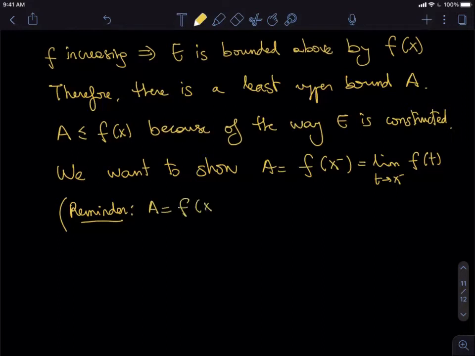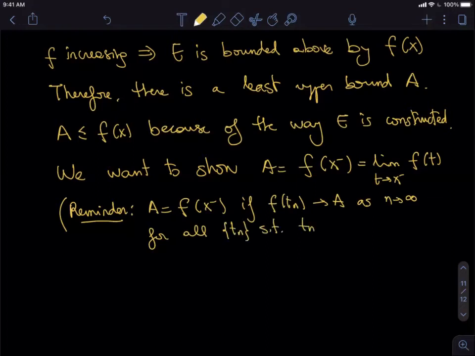A equals f of x minus if f of tn converges to a as n goes to infinity for all sequences tn in ax, meaning on the left of x, such that tn converges to x.